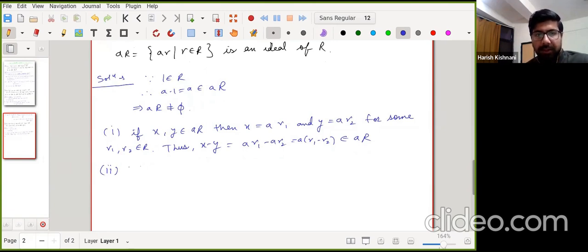So let's say that R is inside the ring and X is any element of this set. Then what can you say about Rx?